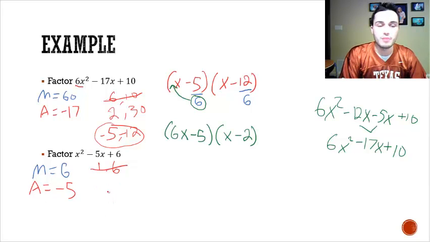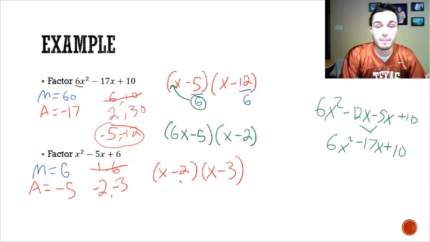So I think, what else multiplies to make 6? Okay, 2 and 3. And yes, 2 plus 3 does make 5, and if I make both of them negative, then I do get negative 5. So then negative 2 and negative 3 are my numbers that I'm going to put in factored form. So that'd be x minus 2 and x minus 3.